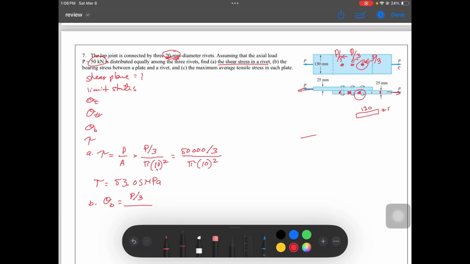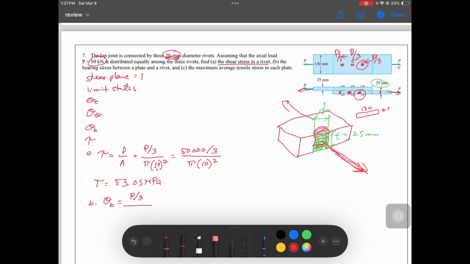So, kung titingnan mo yung isang hole, pag humila to, saan magbe-bear kapag may hila dito? So, dito magbe-bear. At ang area na kino-consider natin dyan is this one. This is the diameter ng bolt ninyo, and this is yung thickness ng plate, which is 25.